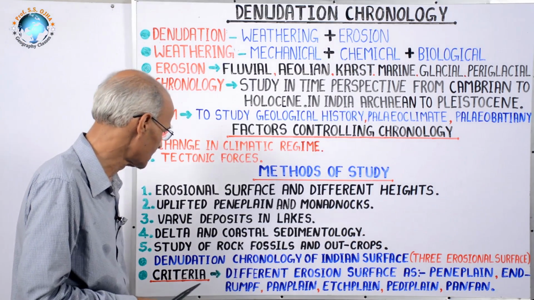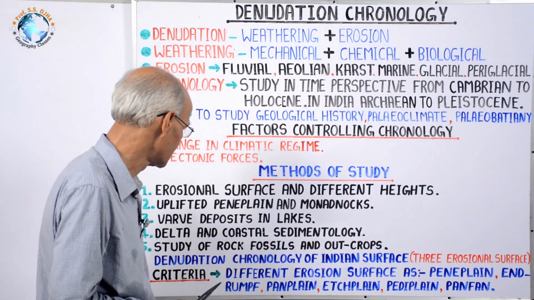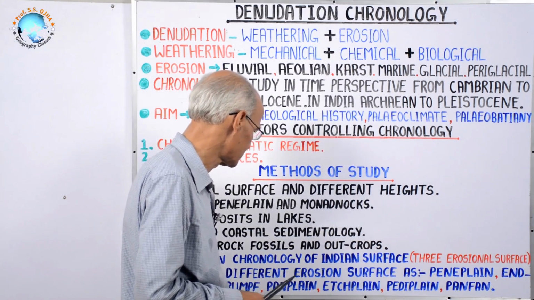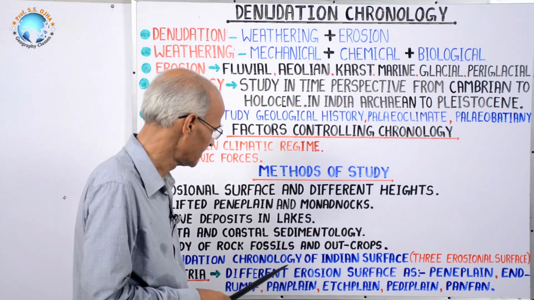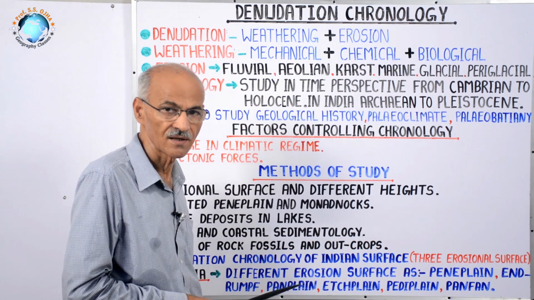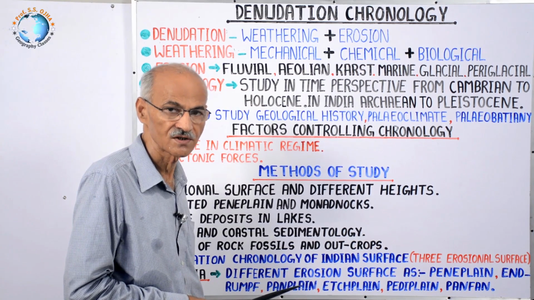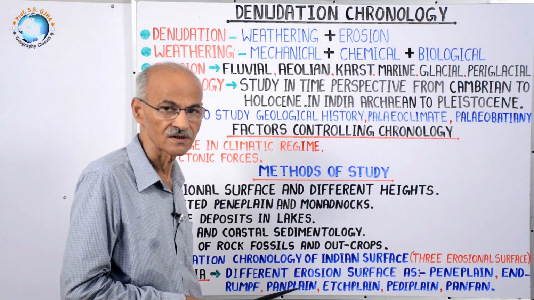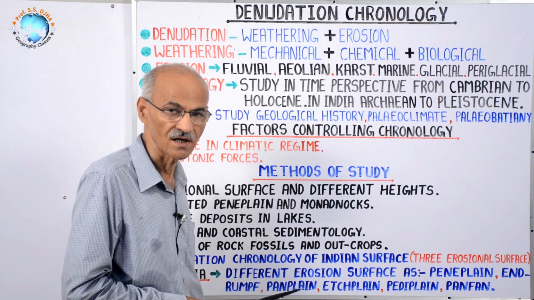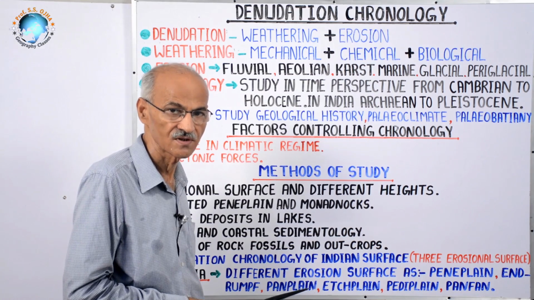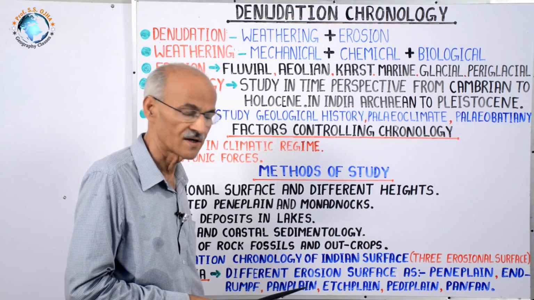Now, what is the criteria to study denudation chronology? In the criteria, as we have studied, there are a number of erosional surfaces devised by geomorphologists of a number of processes, like glaciologists, periglaciologists, fluvial geomorphologists, aeolian geomorphologists, karst geomorphologists, etc. So, they have given this erosion surface or peneplain different names.